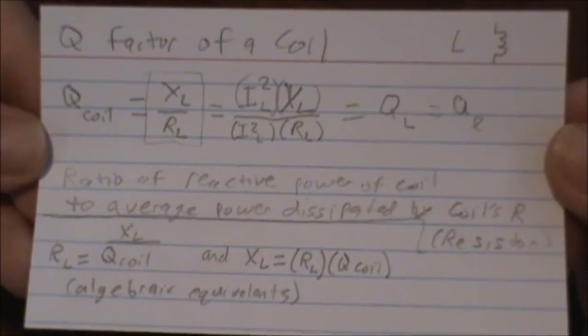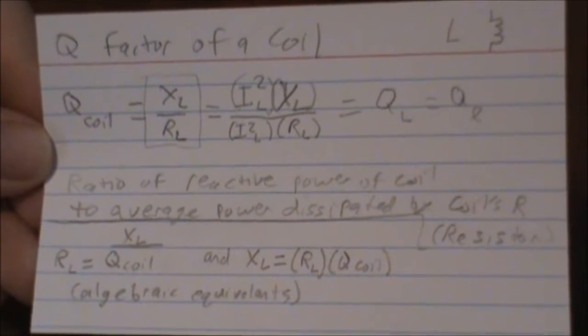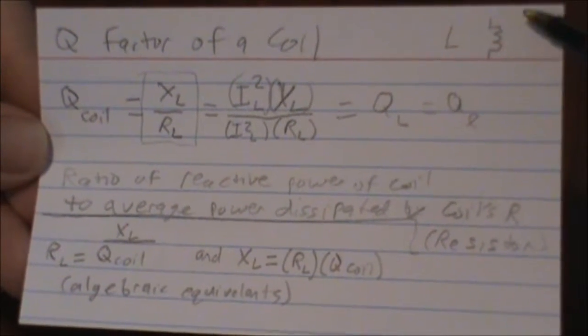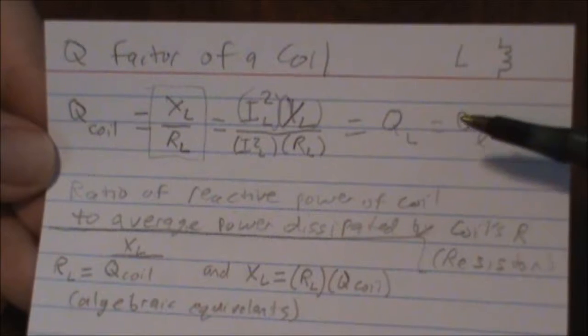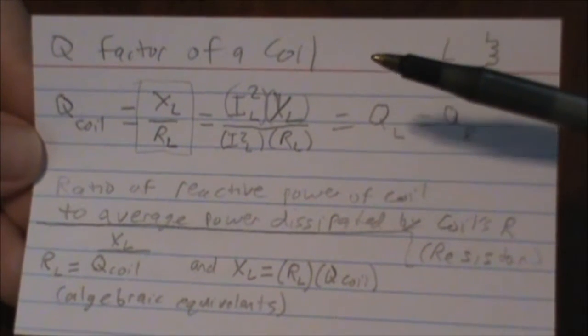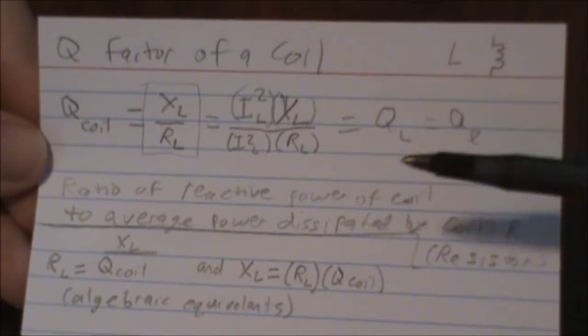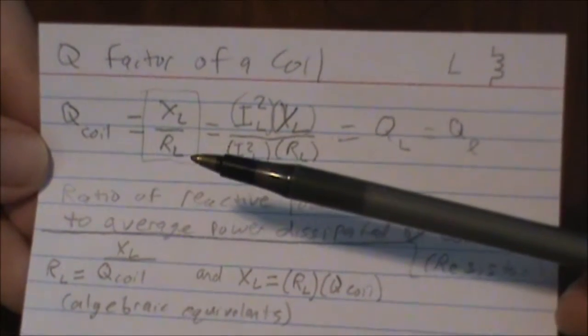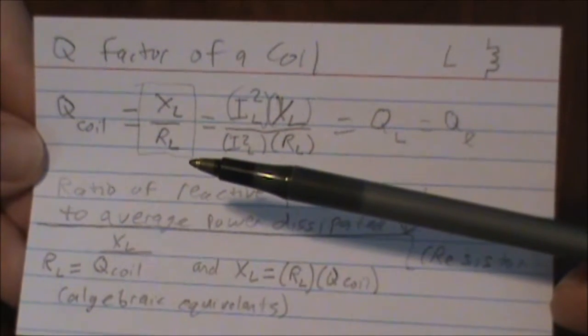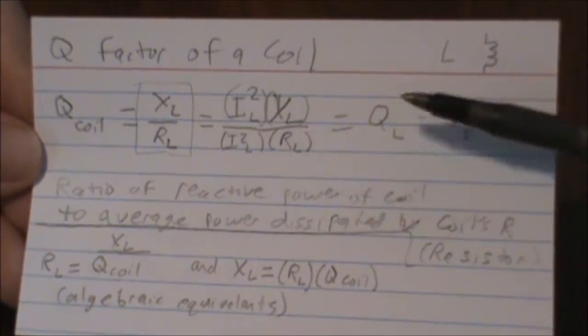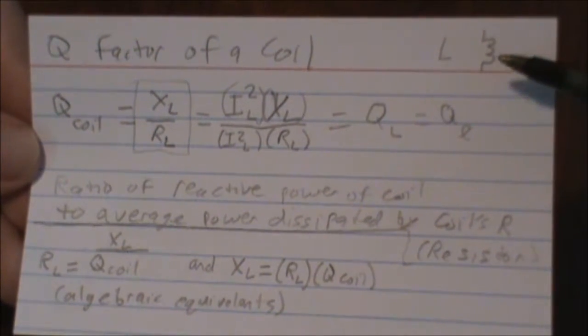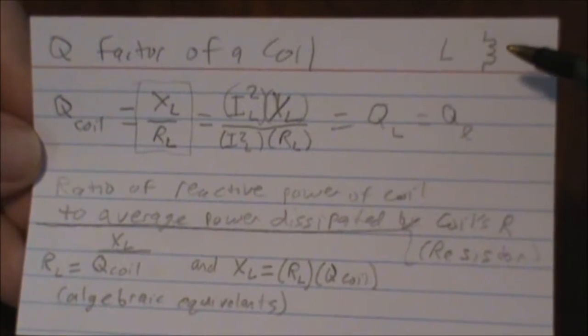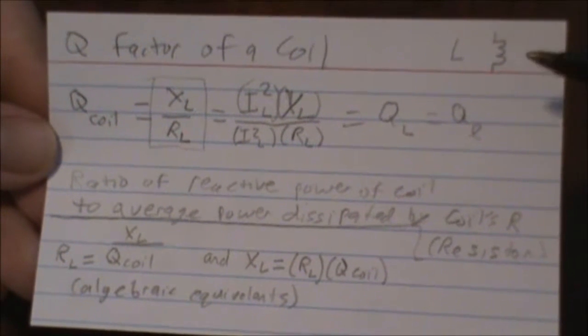It varies. The Q factor of a coil, L, there's our schematic symbol, is going to be X sub L, the reactance of the coil, over R sub L, where R sub L is what you read off with an ohm meter, literally treating the coil as if it was a resistor.